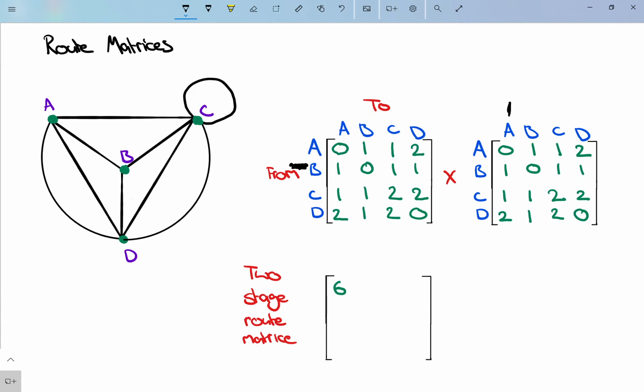So that will be 1 times 0 plus 0 times 1 plus 1 times 1 plus 1 times 2. Okay, so we have 0 plus 0 plus 1 plus 2, so we have 3.